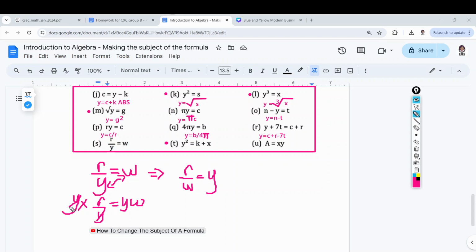These two cancel, and then in order to get rid of the w, you have to divide both sides by w. So that would end up giving you r over w is equal to y. Does that make sense, everybody? I hope so. Cool, so that's it, guys. Pretty simple.